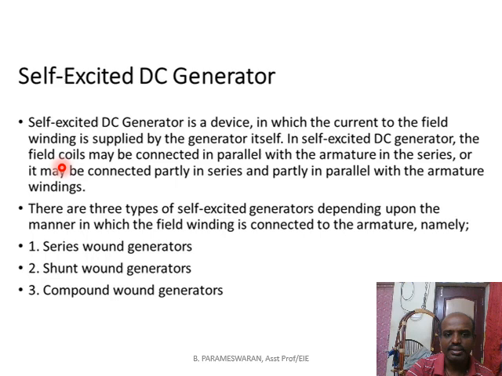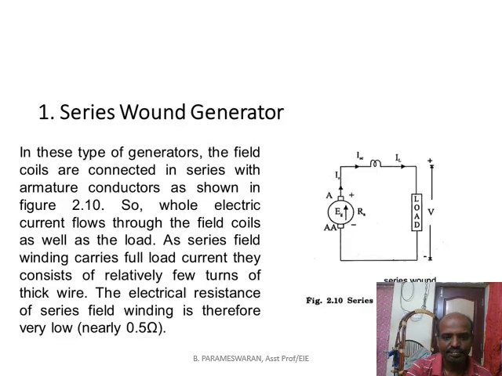Here we can connect the field coils in parallel to the armature, or in series, or partially series and partially parallel with the armature. Based on that we can classify them as series wound generator, shunt wound generator, and compound wound generator. Now first we see the series wound generator.